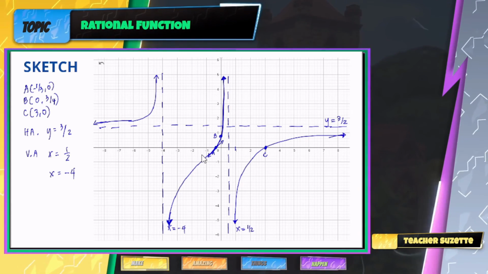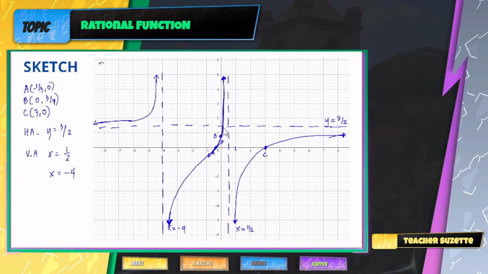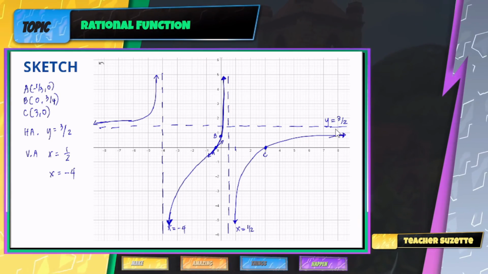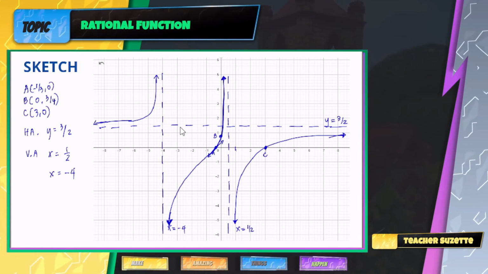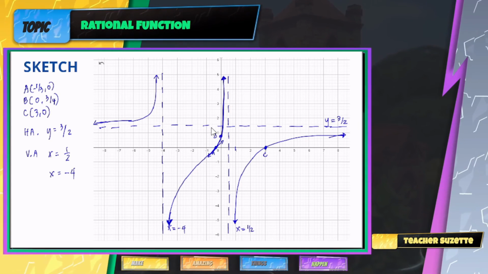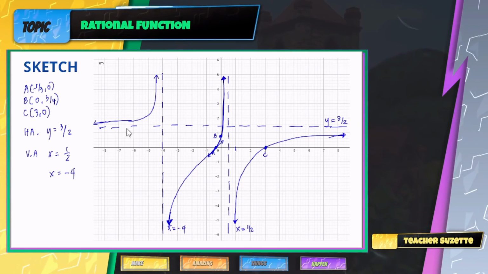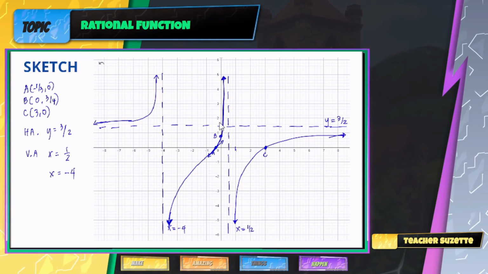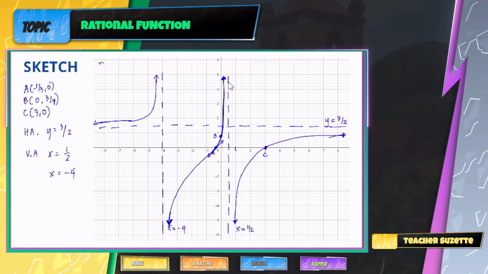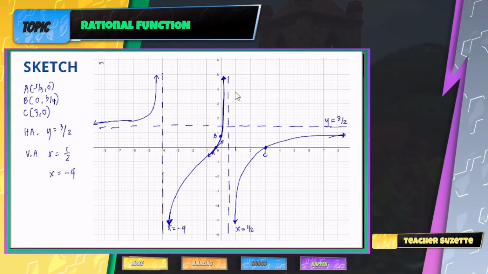So the graph also crosses our horizontal asymptote. Our horizontal asymptote is 3 over 2. So therefore, you can conclude that the range of the function is the set of real numbers. So lahat yan. Lahat naman po ng possible values ng y nasama kasi even the graph itself crosses the horizontal asymptote.